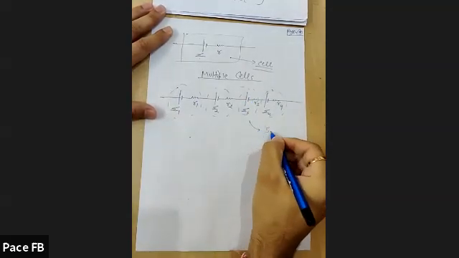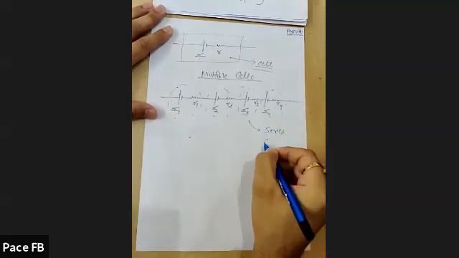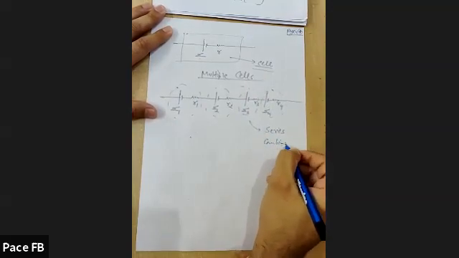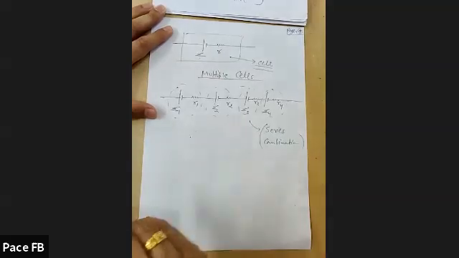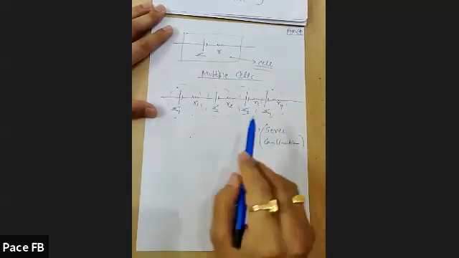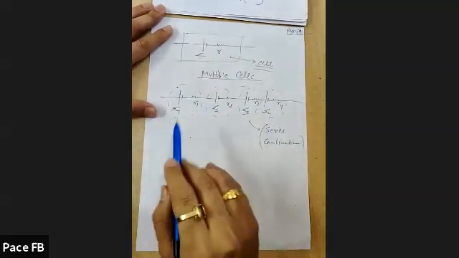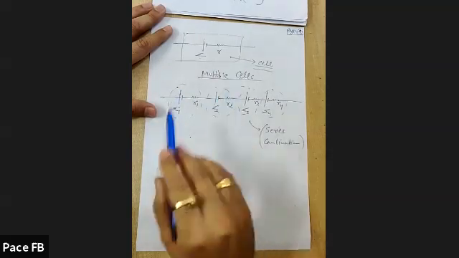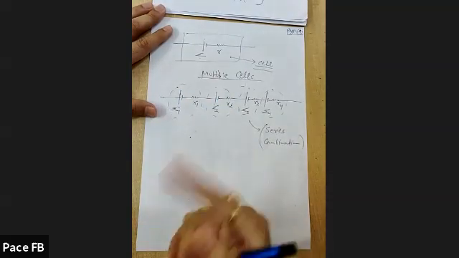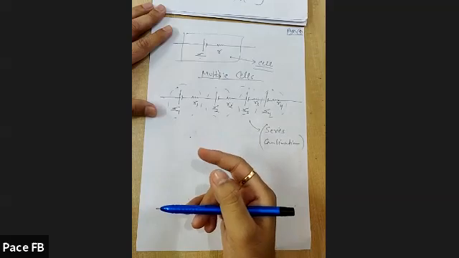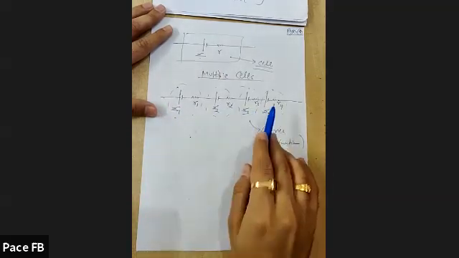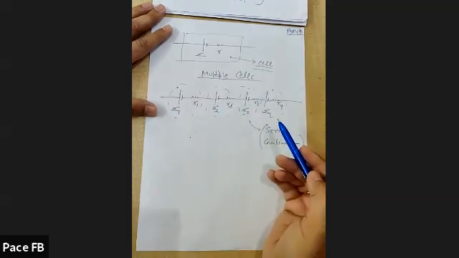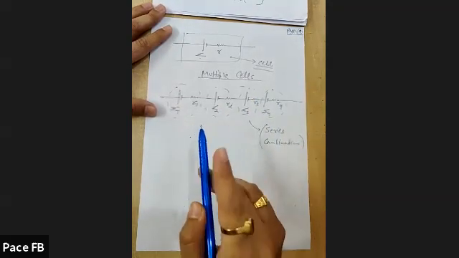This one is the series combination. So how to convert them into a single cell? Like when multiple resistances are connected, we try to find out the equivalent resistance. Similarly, if multiple cells are connected in series, then how to find out the equivalent cell?